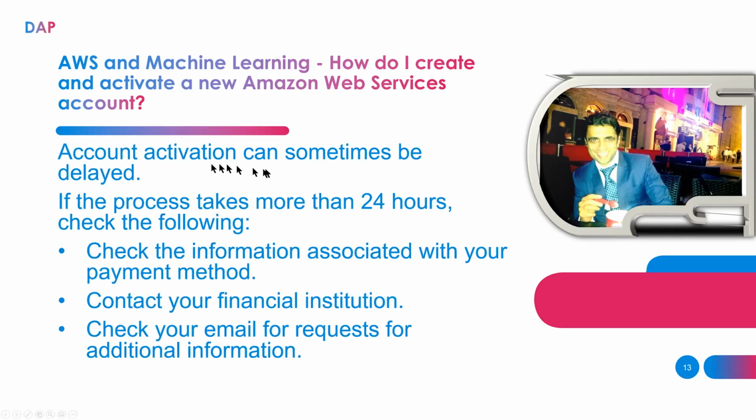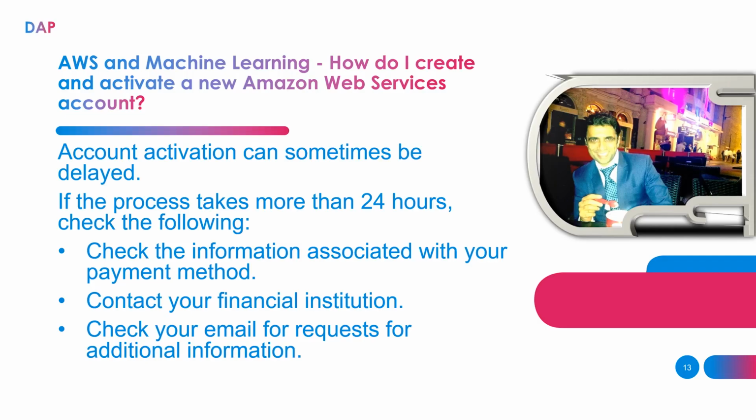As I say, sometimes it might take some time to activate your account. If you see delays beyond 24 hours, then check the following. Check the information associated with the payment details. Sometimes your bank has not given permission to process the payment, so you need to check that.